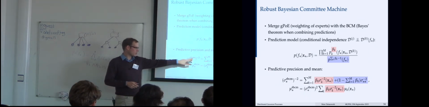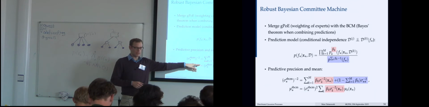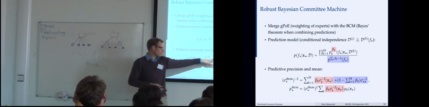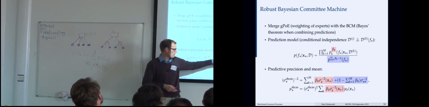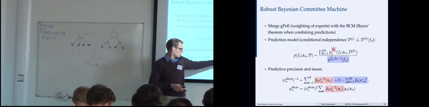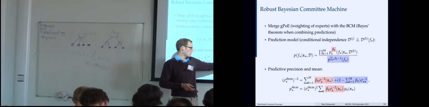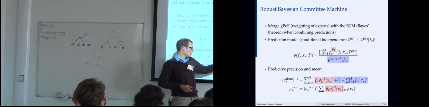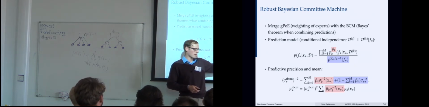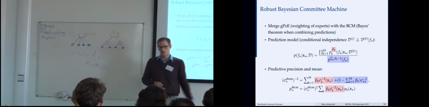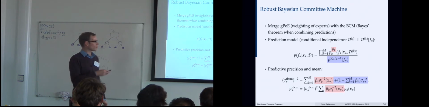The predictive precision and mean are given by these equations, which combine the generalized product of experts model, which is this red box, and this funny version of subtracting the GP prior, or adding 1 minus sum of beta k, the precision of the GP prior. So that comes out if you use this kind of model.